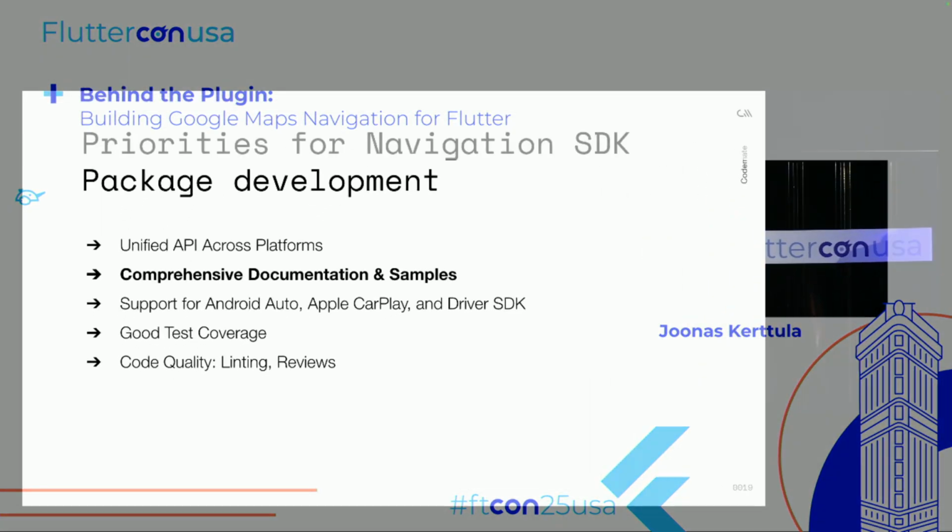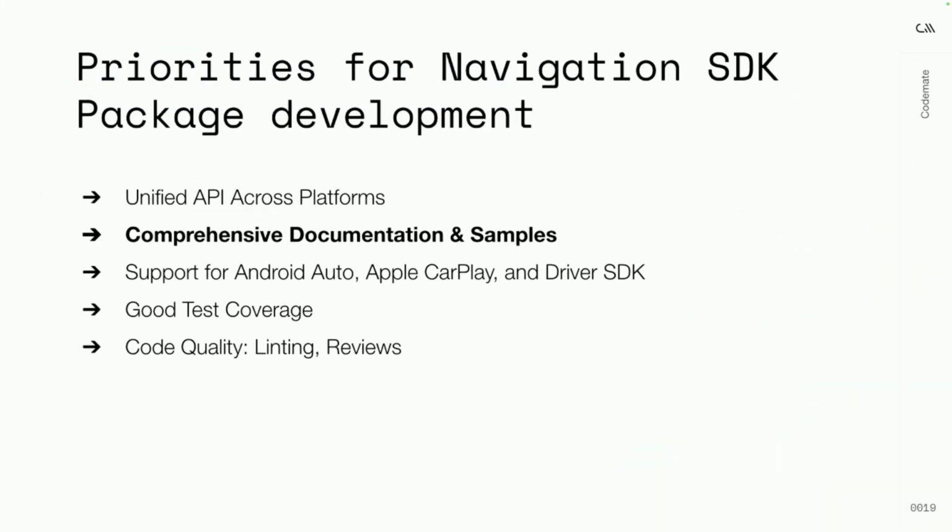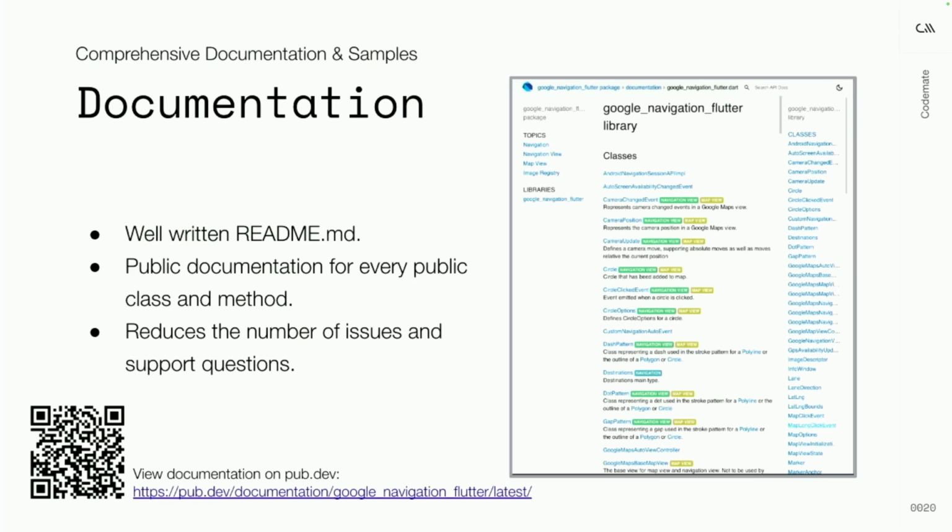Next important area for us was documentation and samples. About documentation, we see that a well-written README.md is the most important thing. You have fewer errors, fewer issues, and fewer support questions if you have good documentation and good public documentation.